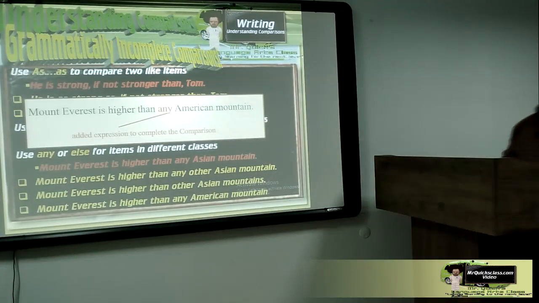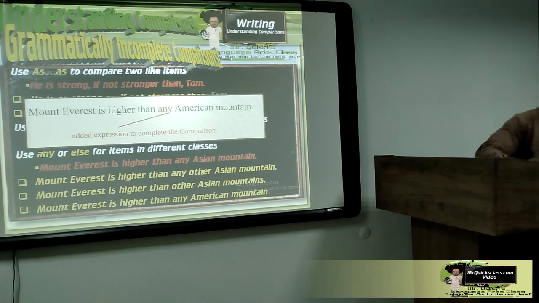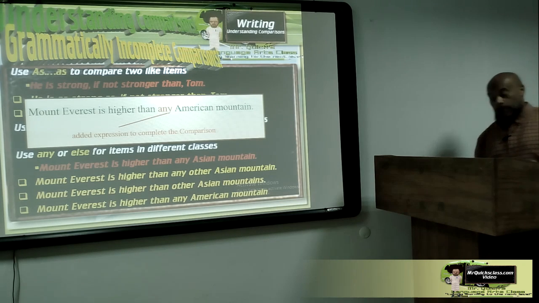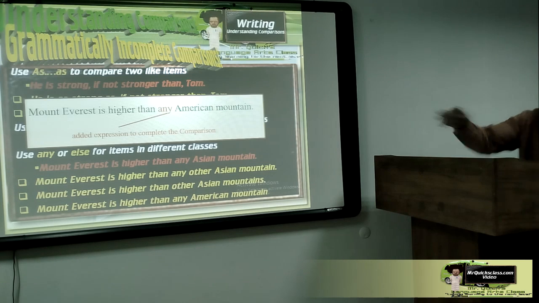Or, there you go. Any American mountain. That's okay. The other two sentences were just talking about Asian mountains. You can say Russian mountains. You can say Egyptian mountains. Doesn't matter. But because you're comparing it in a way that can be compared, because we're talking about height.